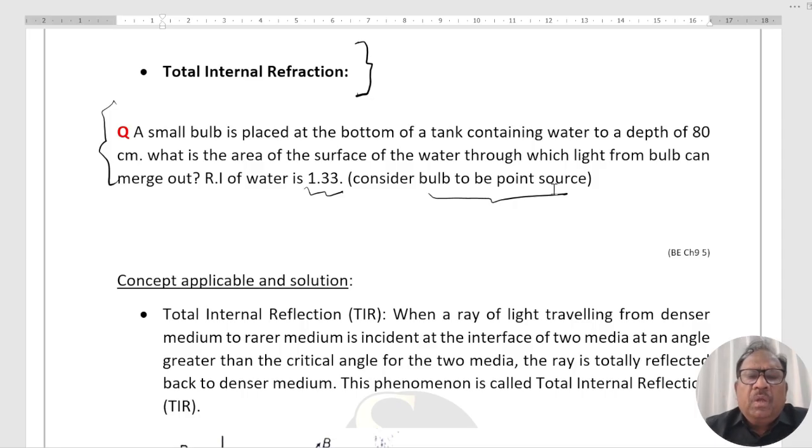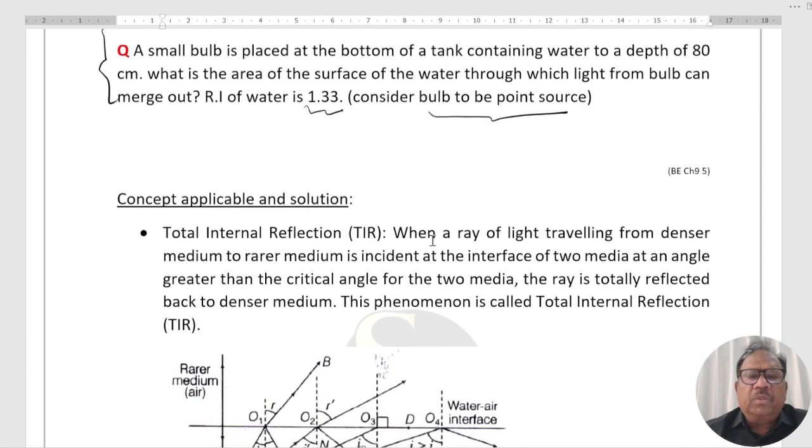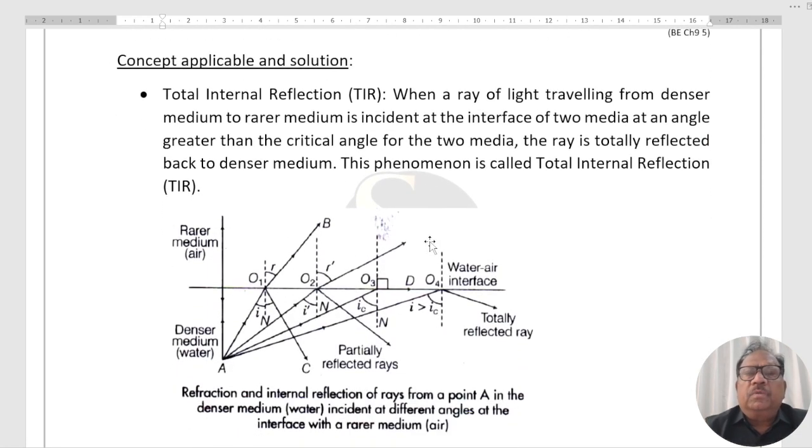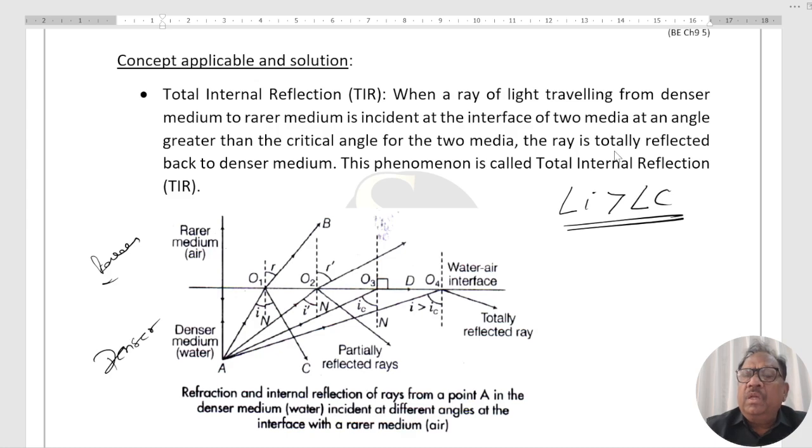Before the start of the question, the concept will be made clear on TIR, that is total internal reflection. What is total internal reflection? When a ray of light traveling from a denser medium to a rarer medium, this is the denser medium, this is the rarer medium, is incident at the interface of two media at an angle greater than the critical angle of the two media, angle of incidence should be greater than the critical angle, the ray is totally reflected back into the denser medium.